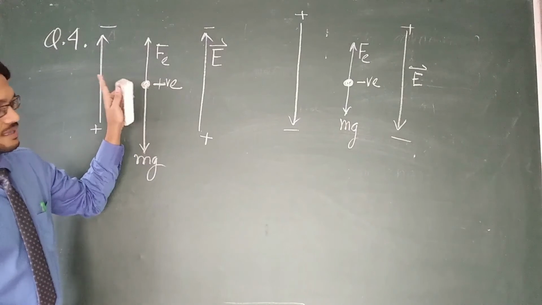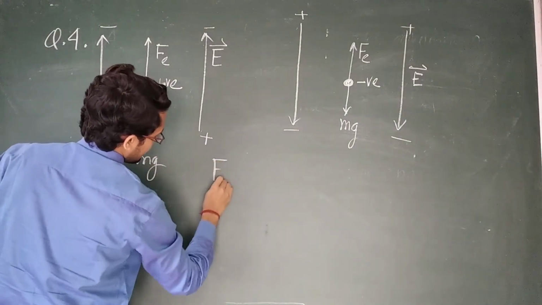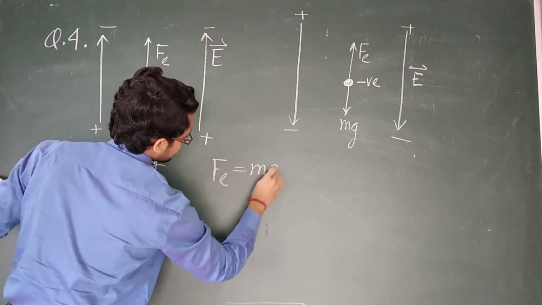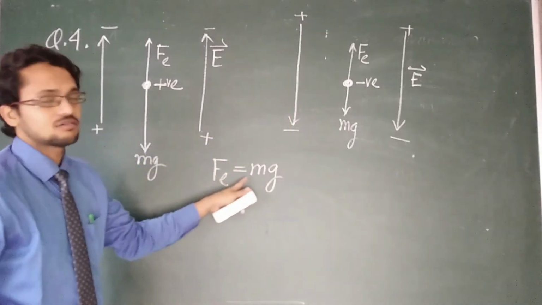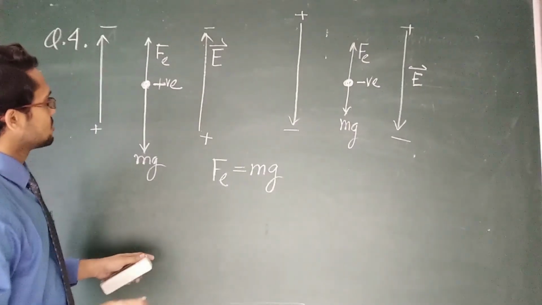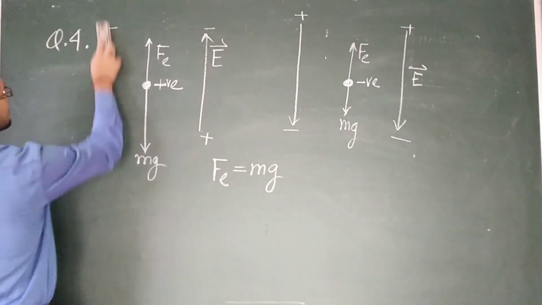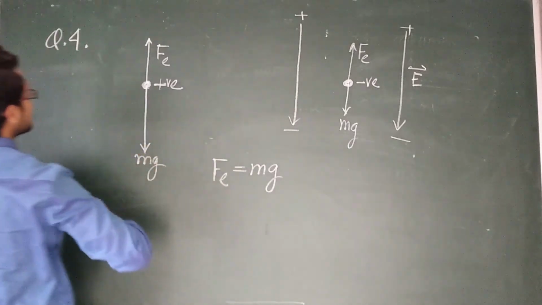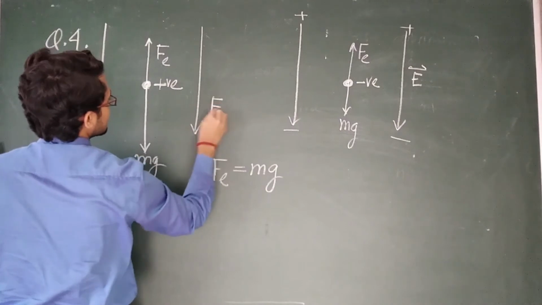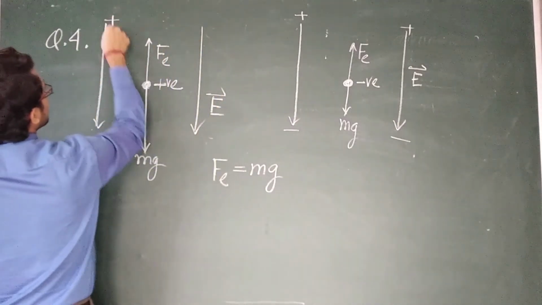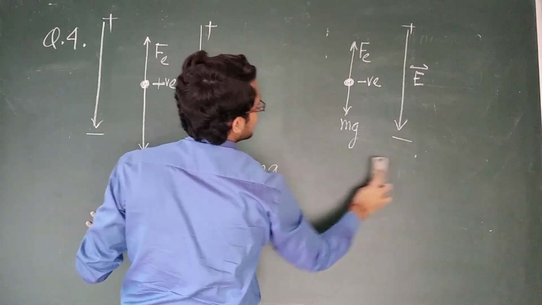So in the experiment, Fe equal to mg, because this is in equilibrium. Now the question says the direction of the electric field is reversed. So now the direction is downward, positive to negative.